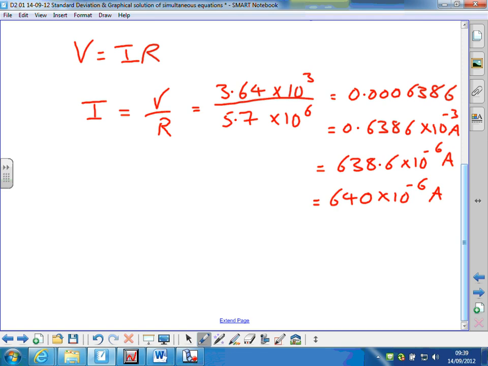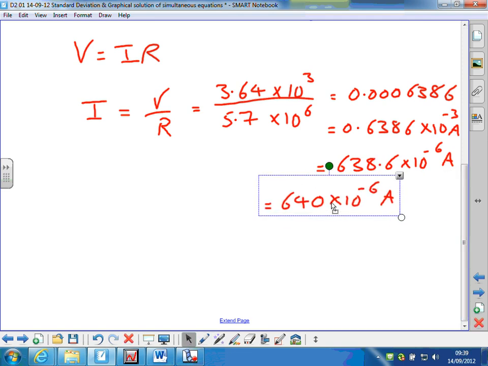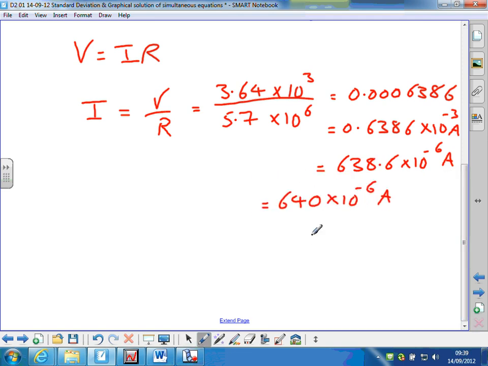So that would be to 2 significant figures. So what do we do at the end? 2 significant figures, yes. And to 3 significant figures? 639 times 10 to the minus 6 amps to 3 significant figures.